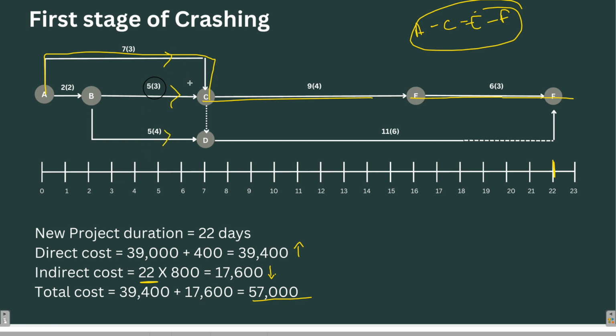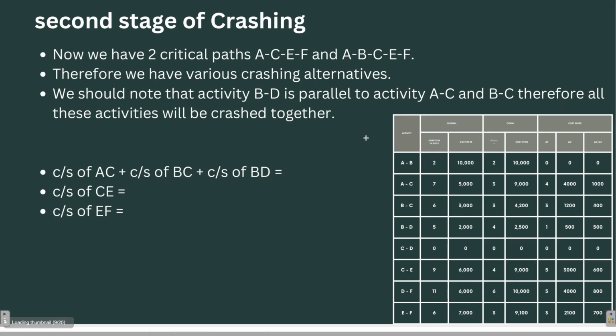So while crashing, if I want to crash BC, I will have to crash AC as well as BD, because there is no float anywhere in these three activities, so we have to crash them together. Let's proceed crashing now.